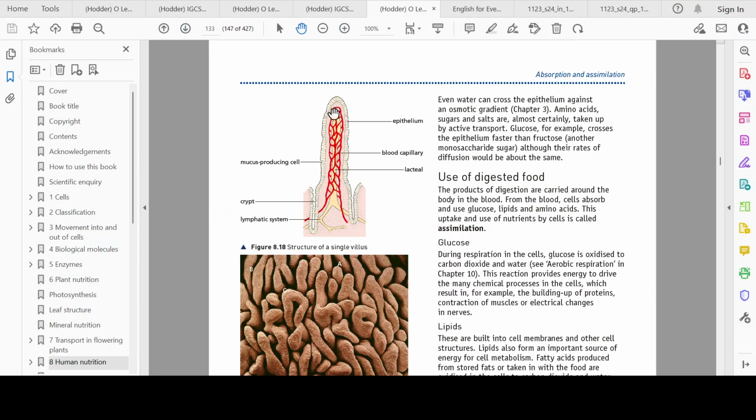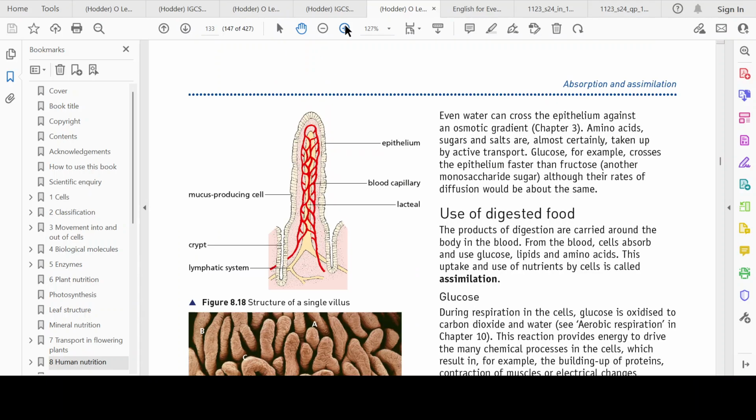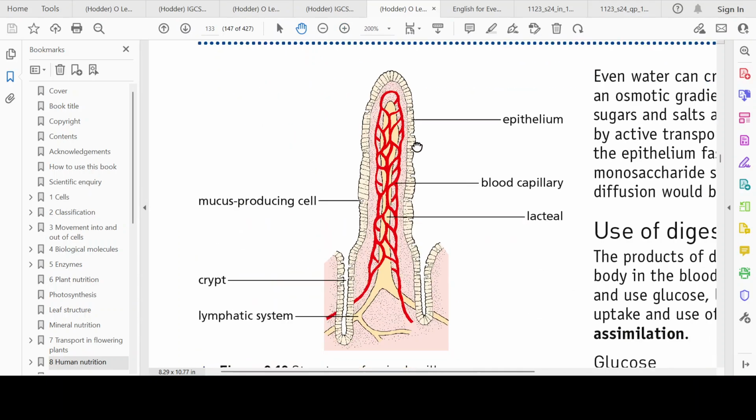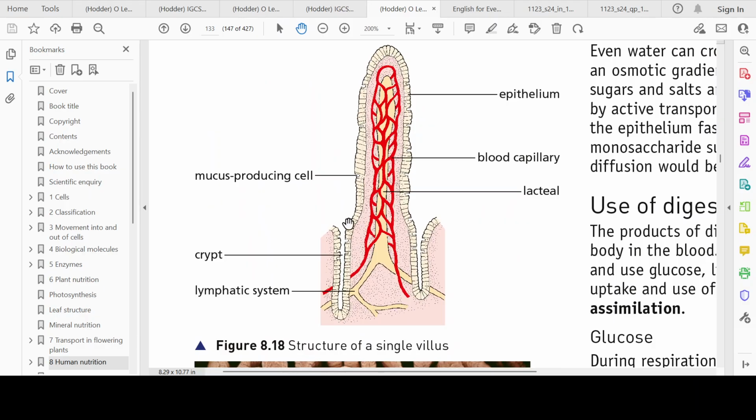Over here, this is a single villus, and again the epithelium, so the single layer of cells. The red network, the meshwork, are the blood capillaries that are carrying away the glucose and the amino acids, and this thick off-white creamish vessel coming in, sort of behind or surrounded by the blood capillaries, is the lacteal.